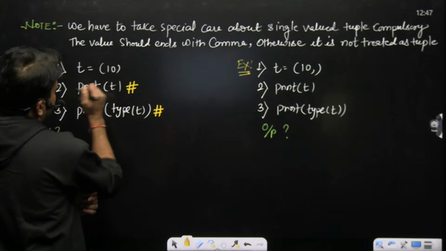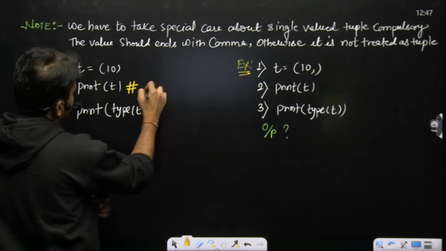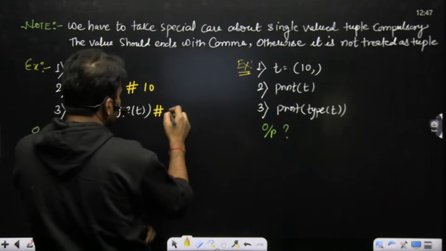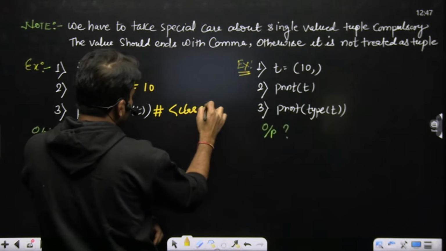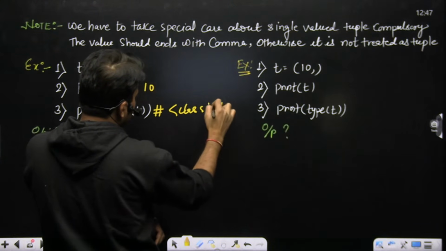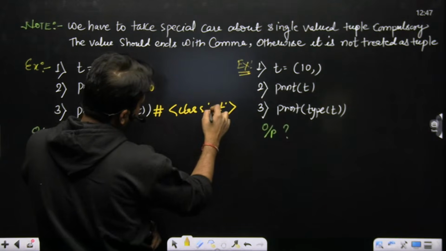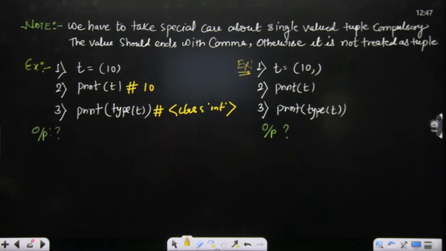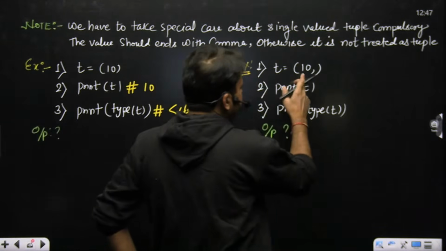If you do not write a comma here, then it reads just an integer value, 10. So what is the type of this T? It reads an integer value, class int, student. Not a tuple. What about this one? This is treated as a tuple.